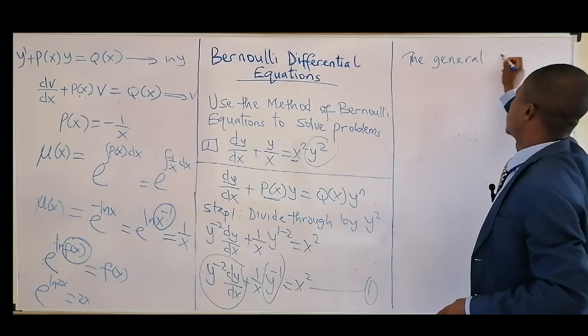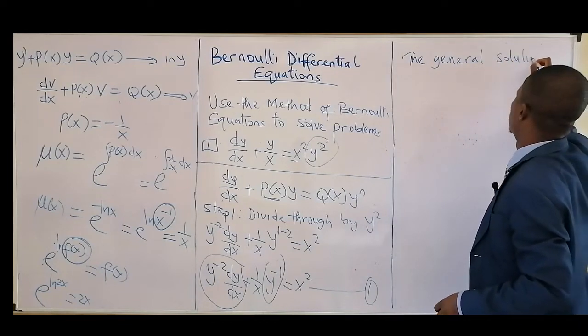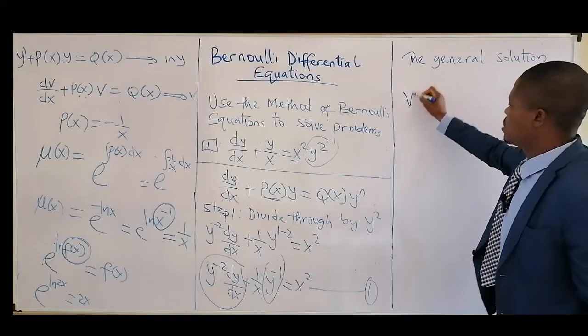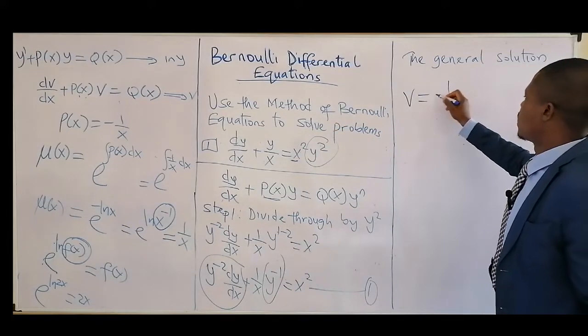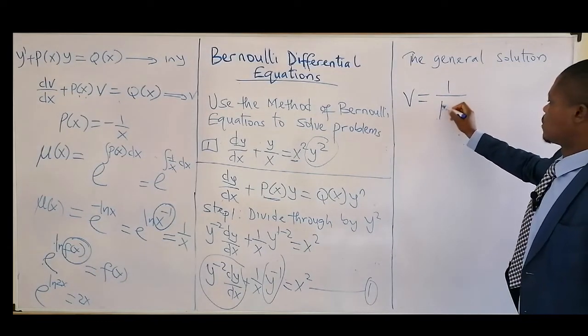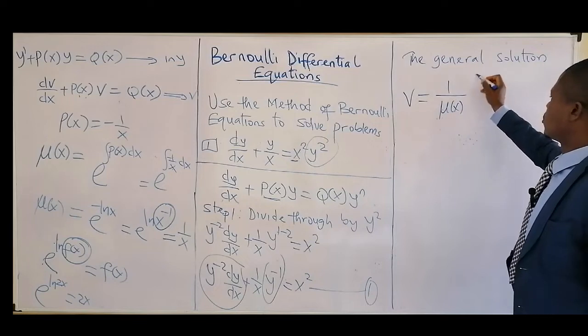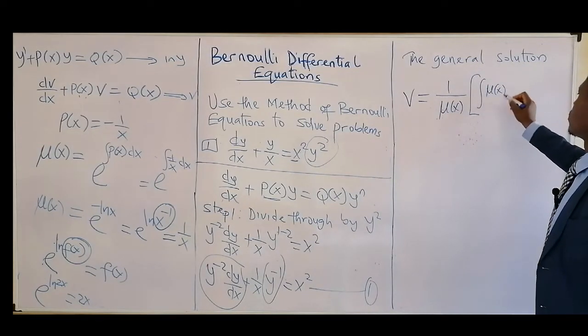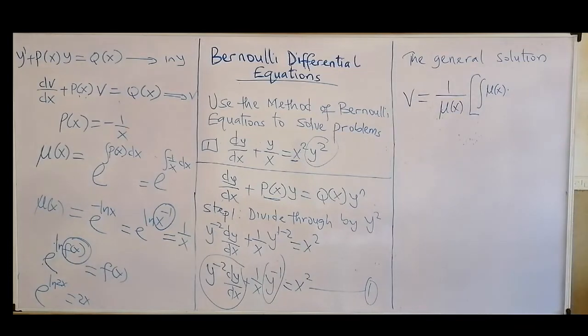The general solution has a formula. Since it's linear in V, V is equal to 1 over the integral factor, open bracket, integral factor times q of x dx plus c.